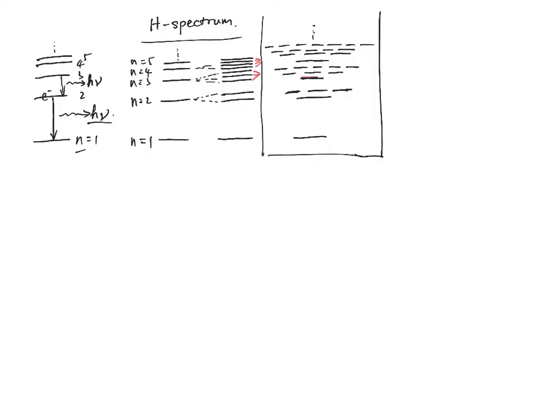Okay, and now we have a dilemma. How do I describe this? Electrons in a given atom are going to be distributed into all these different energy levels, different splits. How do we describe this?